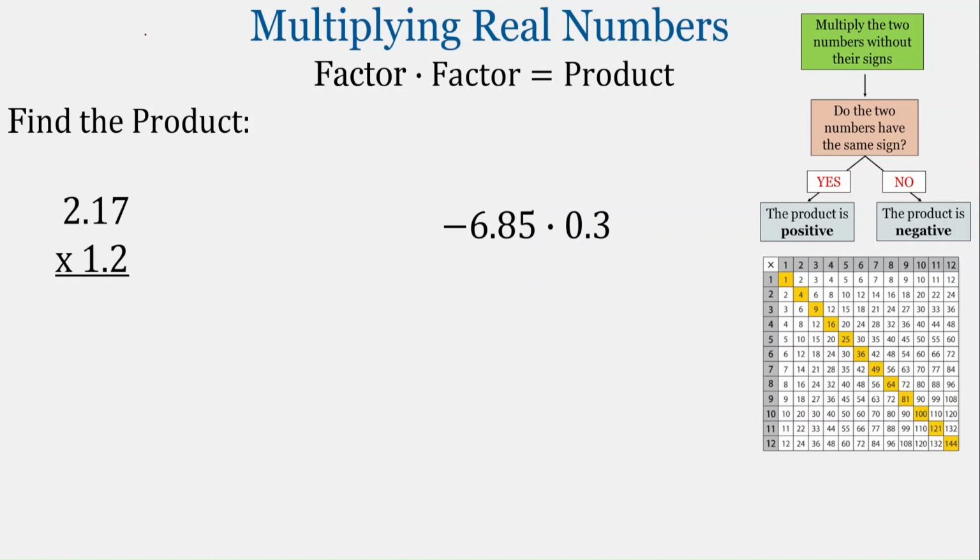So a quick review first. When we were adding or subtracting numbers with decimal points, a key step was lining up those decimal points. So if we had this first problem and we were adding 2.17 to 1.2, we would line up our decimal points. And we'd probably put a 0 right here.